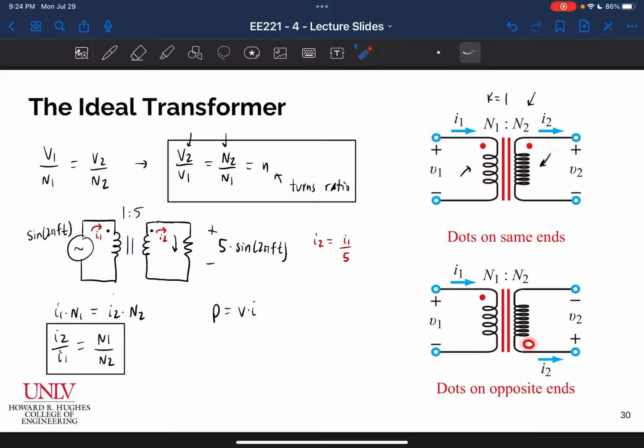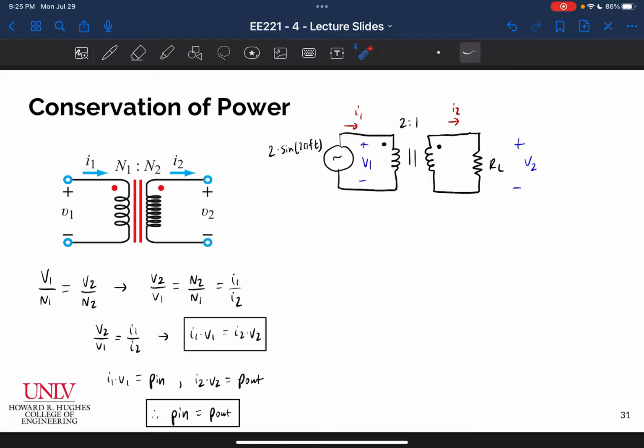If we flip the dot, now you get positive polarity on the dot and it flips this voltage, right? Because the positive voltage polarity is always where the dot is. You can see that from this figure. So in this example, positive voltage polarity is going to be up here, so I've drawn this correctly.